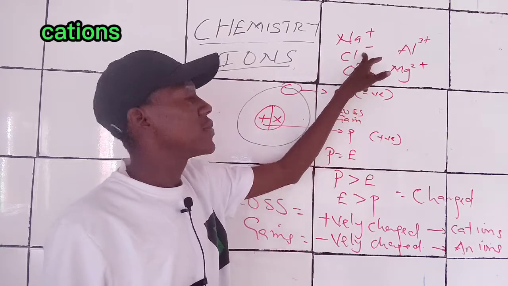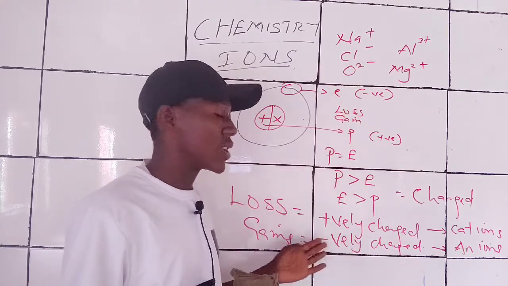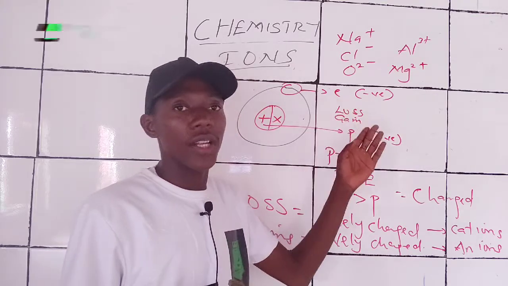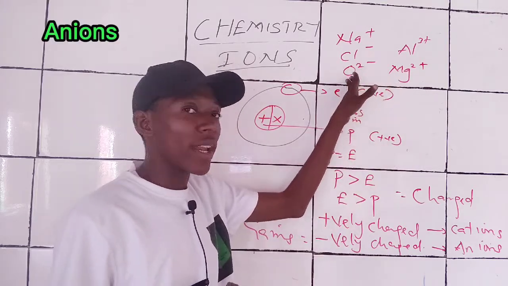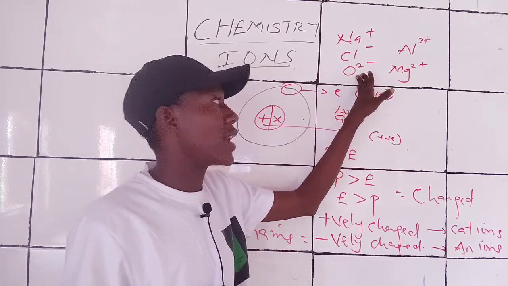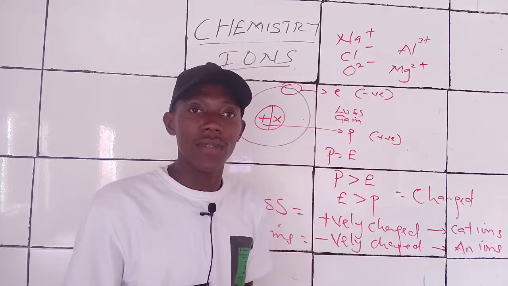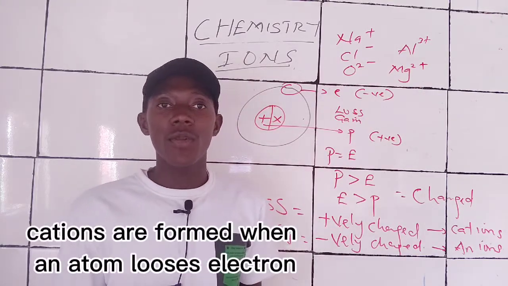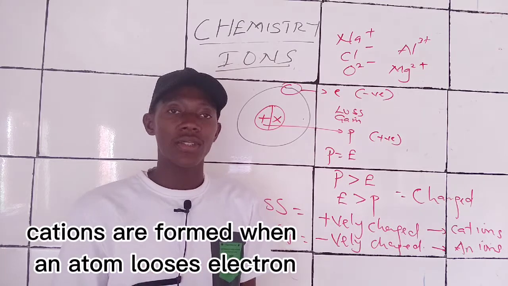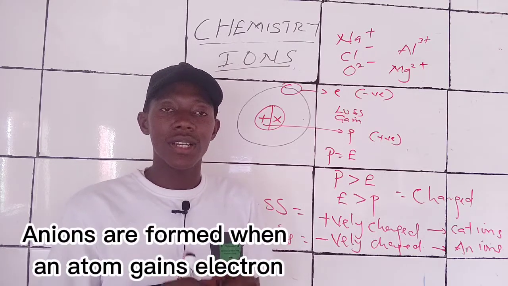Those we see with negative signs have more electrons in them, that is why they are negative, and we call them anions. So cations are formed when the atom loses an electron, while anions are formed when the atom gains an electron.